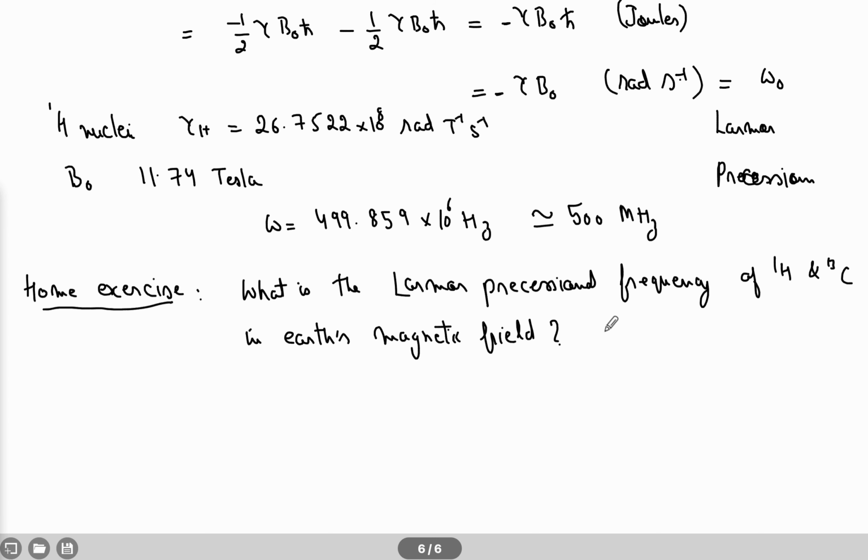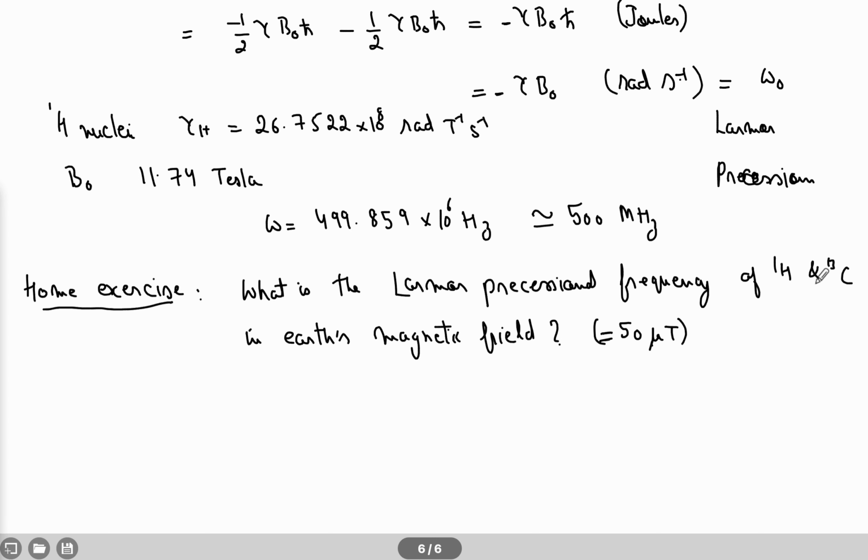You can assume Earth's magnetic field to be approximately 50. Earth's magnetic field is different at different locations for obvious reasons, but in general you can assume 50 micro Tesla. Assuming this value, calculate the Larmor precessional frequency of proton and C13 nuclei.